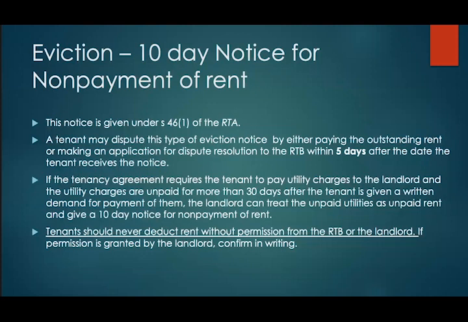So earlier I mentioned the rent increase provision. The landlord's only allowed to increase rent once in a 12-month period and only by a certain amount each year. And they can't increase it by any more. If they want to, they actually have to apply for an additional rent increase and the RTB has to give them permission.